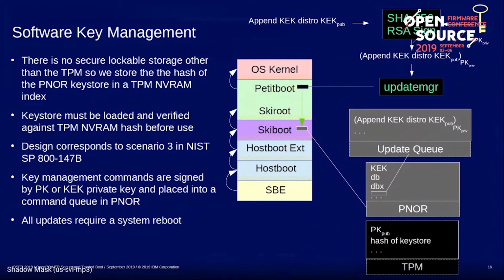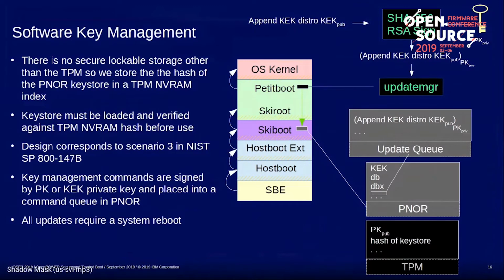Since we don't have lockable flash, we store a hash of the key store in a TPM NVRAM index, and we can update that in the skiboot layer here, and then write a random password on it, throw the password away, and lock it away from the higher layers.